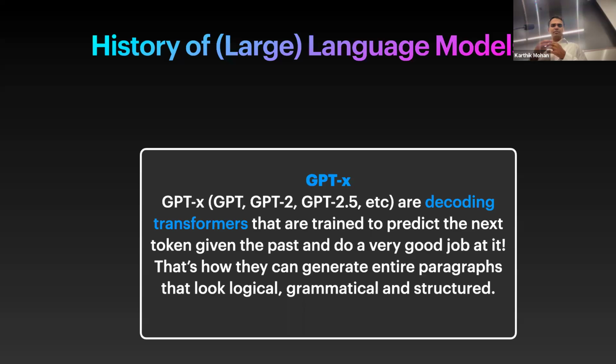All these decoding transformers are trained on next token prediction. So just predict the next token, next word. And they do a really good job. You remember in the last class we looked at an example where we had 3 ants walking in a line, and the first ant said there are 2 ants behind me, and the second said there are 2 behind me.